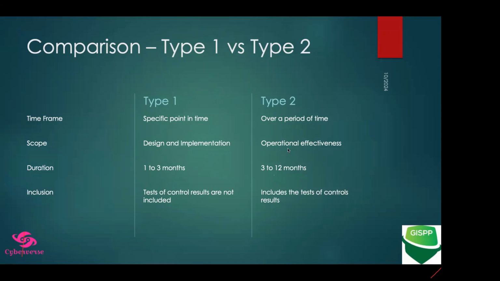But to support that evidence, of course, you should have the relevant policies and procedures as well. But there's no fixed criteria as we have in ISO. ISO can look at whether you should have a risk management framework, or an information security policy. Here there is no fixed criteria, in terms of a specific list of documents that is required. It all depends on what you are going to design as part of your SOC 2 requirements.